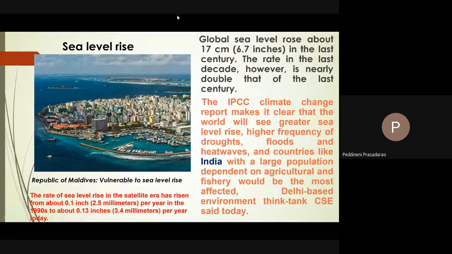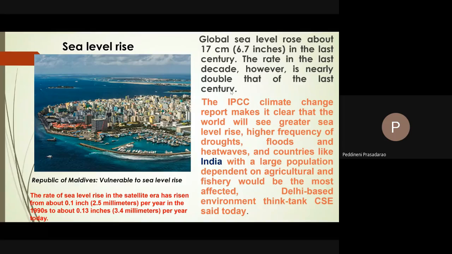So global sea level rose about 17 centimeters in the last century. The rate in the last decade, however, is nearly double that of the last century. So again, we have to accept the fact that the sea levels are rising.